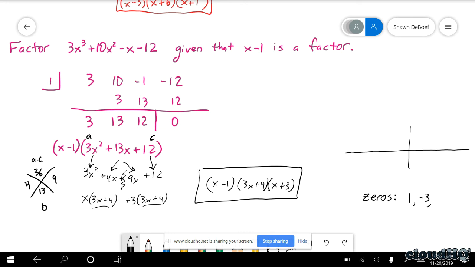What's the middle one going to make? What's that 3x plus 4 factor give us? Negative 4/3. Those would be our zeros. That's what we'll be doing tomorrow. Couple that with what we already know about end behavior.